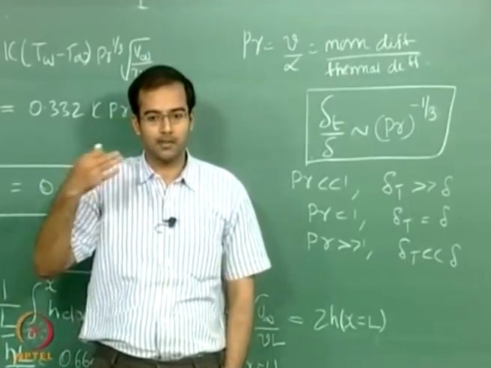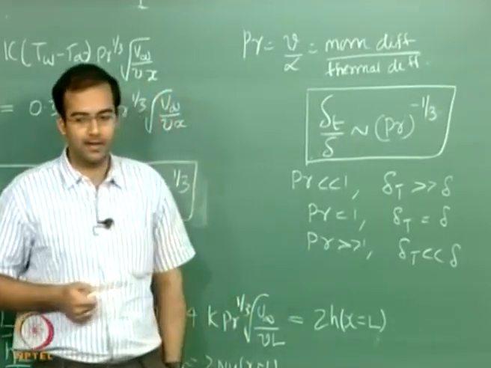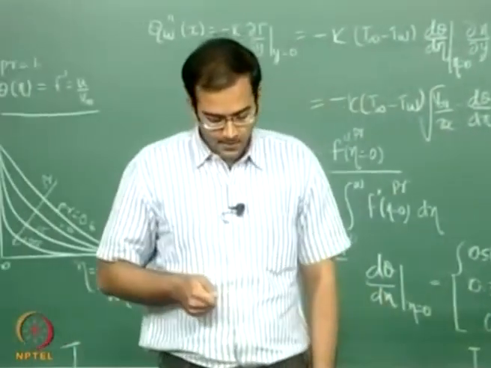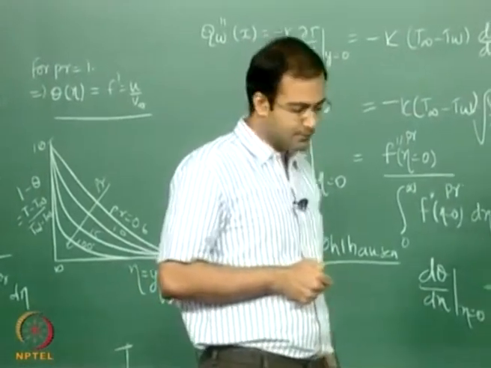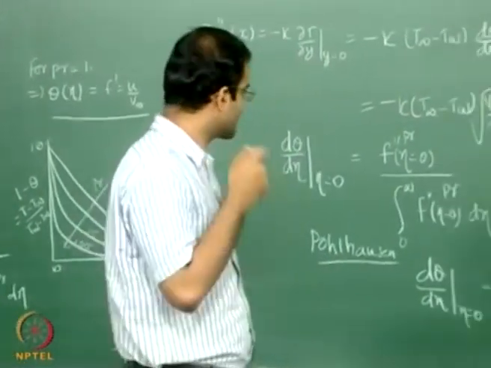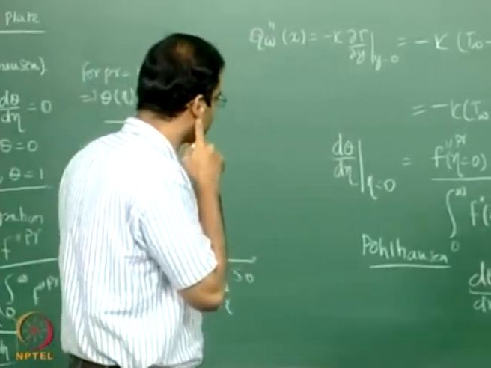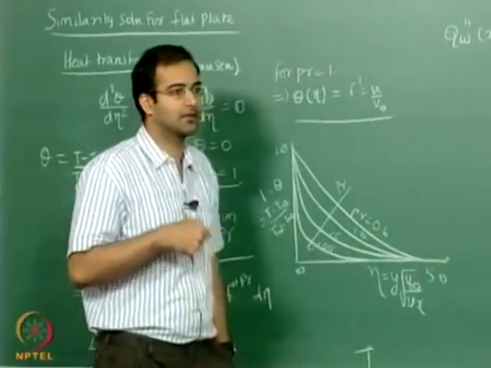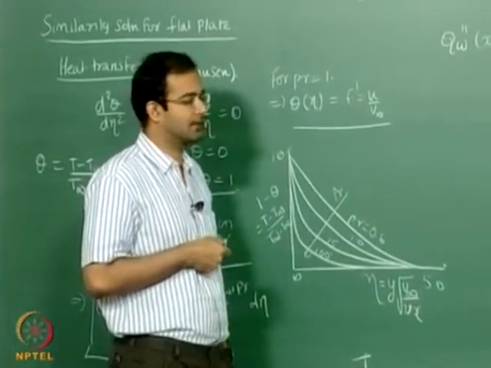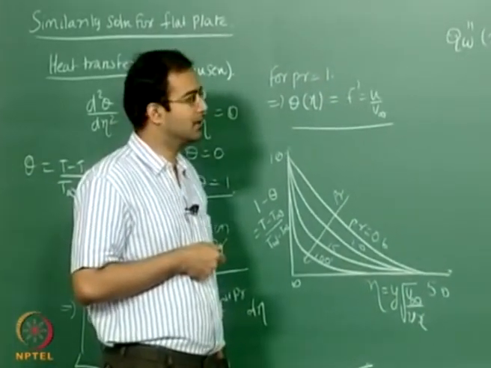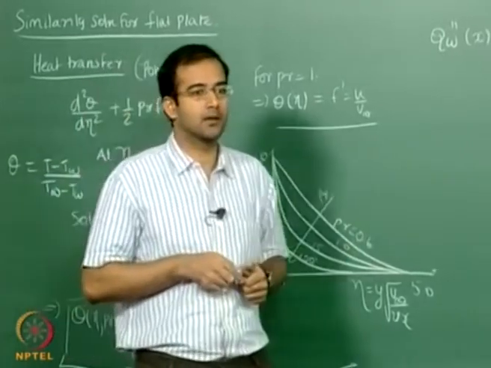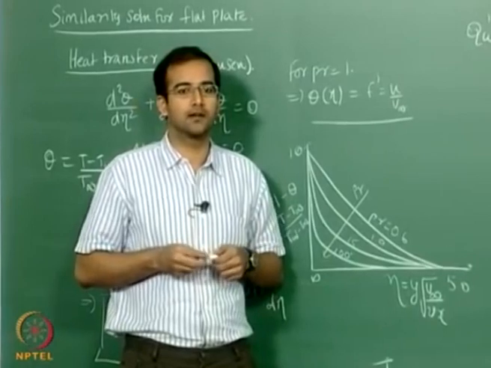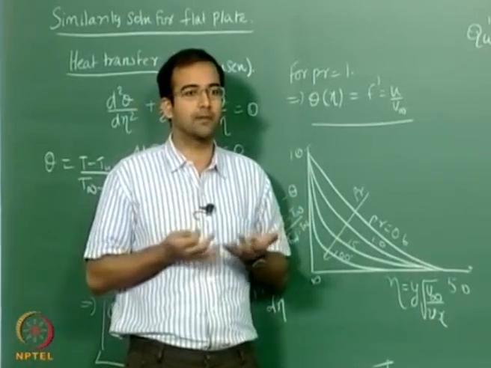Okay, so you can keep doing this for different Prandtl numbers and you will find that it exactly scales in that manner. Alright, so with this we will move on to the next topic. Actually, I could have started off from the next topic that I am going to talk about now, rather than doing the flat plate solution, because the flat plate solution is a special case of that particular type of flows.